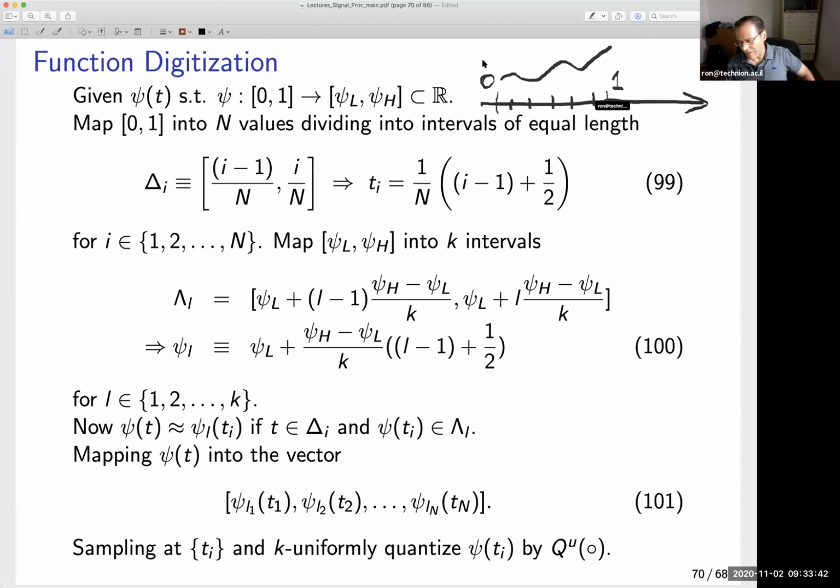Assume that I have N such intervals, capital N. This would be 1, this would be 2, etc., and this would be interval number N. We will denote each interval as delta i, so we will have delta 1, delta 2, until delta N. We will also say that the time representing each interval is called t1, t2, etc., and the time would be at the center of each interval. So this would be, for example, t_i.